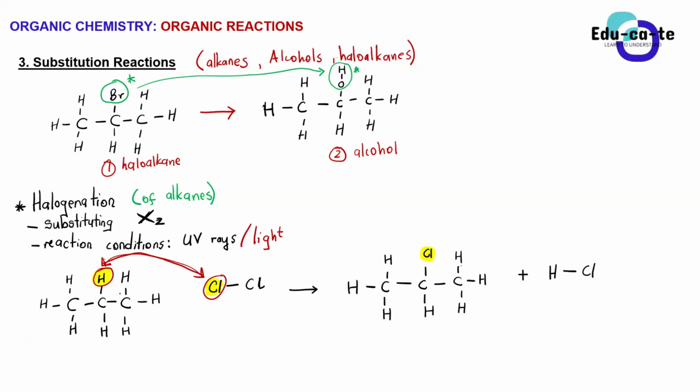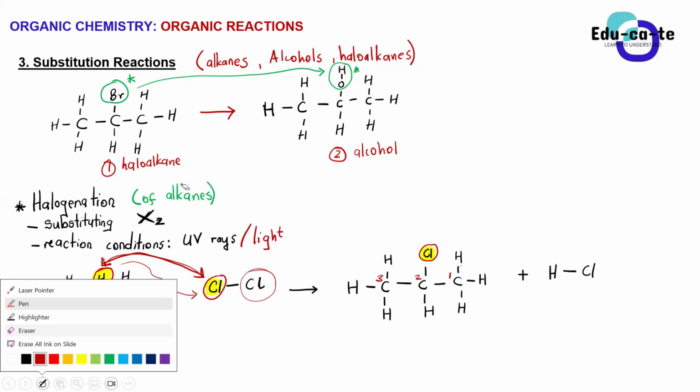Okay, because this is carbon 1, this is carbon 2, this is carbon 3. But now we replace the hydrogen on carbon 2 with a chlorine. So hydrogen will take the position of chlorine, right? Where there was chlorine, we're now going to put hydrogen, and this hydrogen will bond with the other Cl there. That will give you HCl.